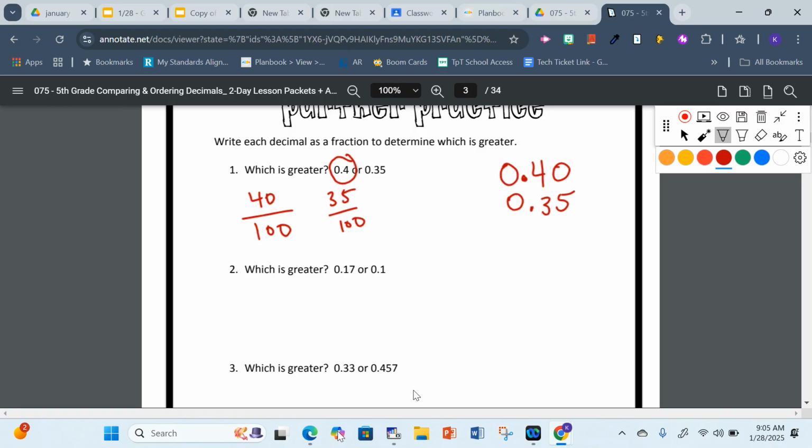That's where 35/100 is, because the hundredths is halfway between this tenth and this tenth. We haven't quite made it to the next tenth, have we? Do you guys see that on a number line? So which one's bigger? The 4/10. Okay? All right.